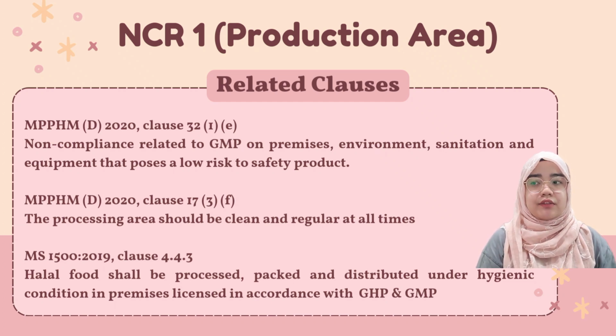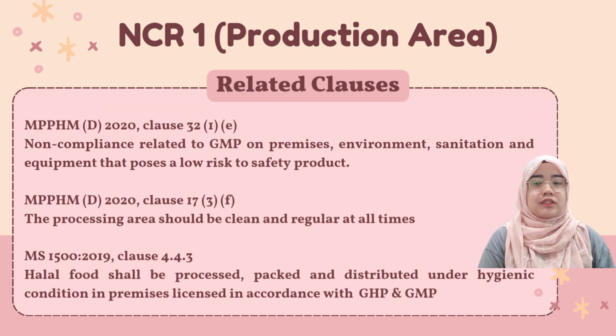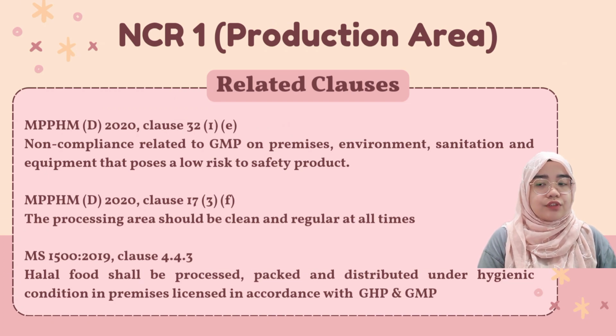Furthermore, it relates with Malaysia Standard 1500/2019 under clause 4.4.3, which states that halal food shall be processed, packed and distributed under hygienic conditions in premises licensed in accordance with GHP and also GMP.